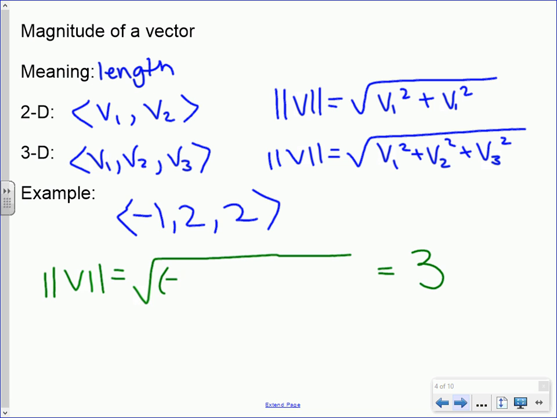We take the square root of -1 squared plus 2 squared plus 2 squared. We have 1 plus 4 plus 4, which is 9. Square root of 9 is 3. Awesome.